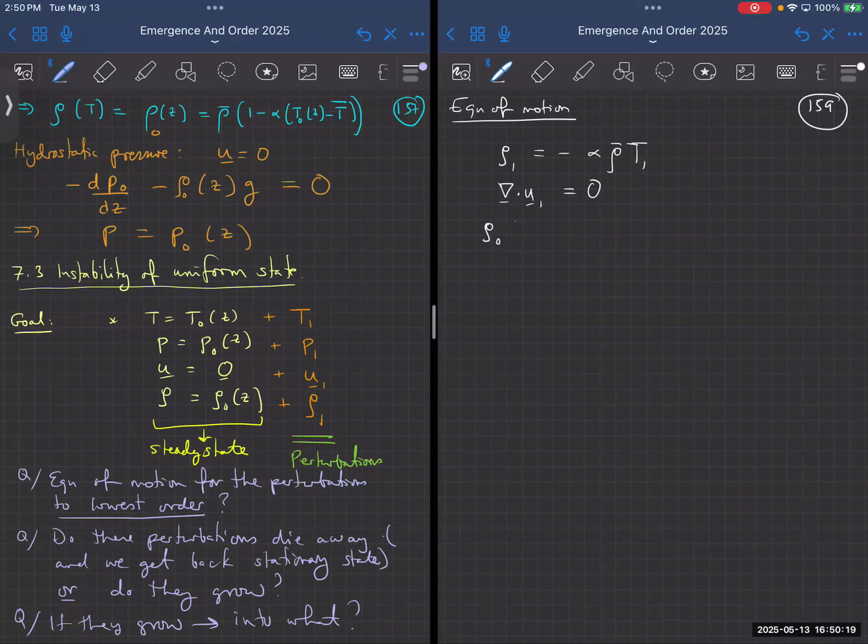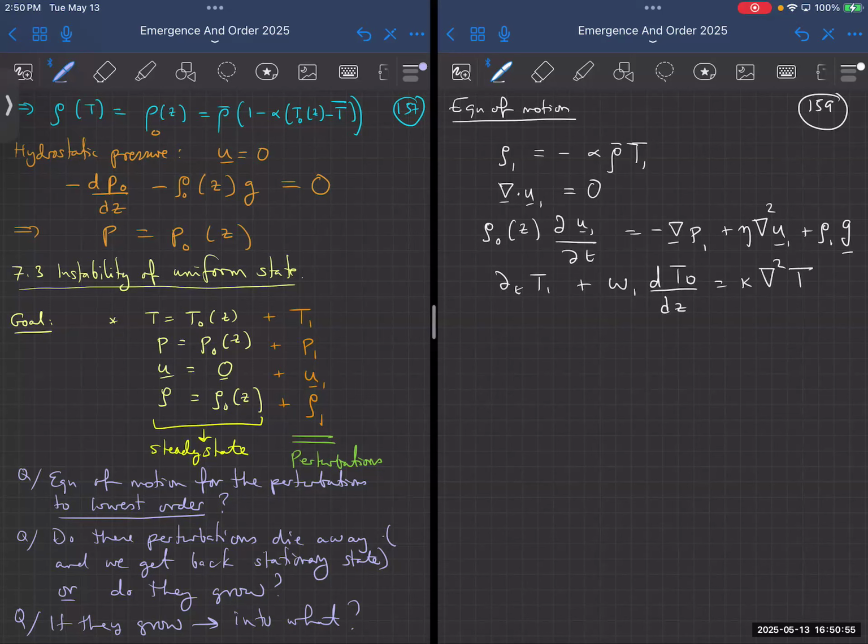Rho naught of z, d U1 by dt, is equal to minus grad P1 plus eta del squared U1 plus rho 1 times g, and d by dt of T1 plus W1 dT naught by dz is equal to kappa del squared T1.